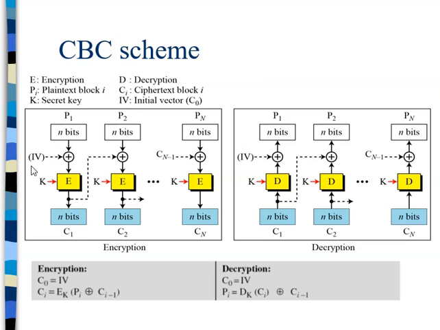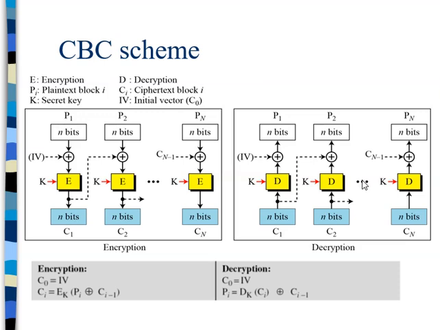For the first block, when we don't have a previous ciphertext, we will use an IV. This IV will be the input along with our plaintext and will be encrypted with our encryption key.